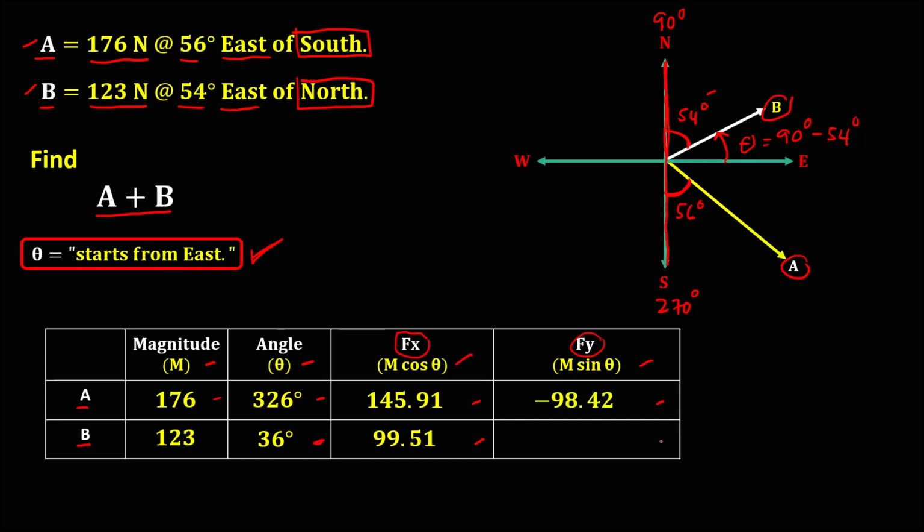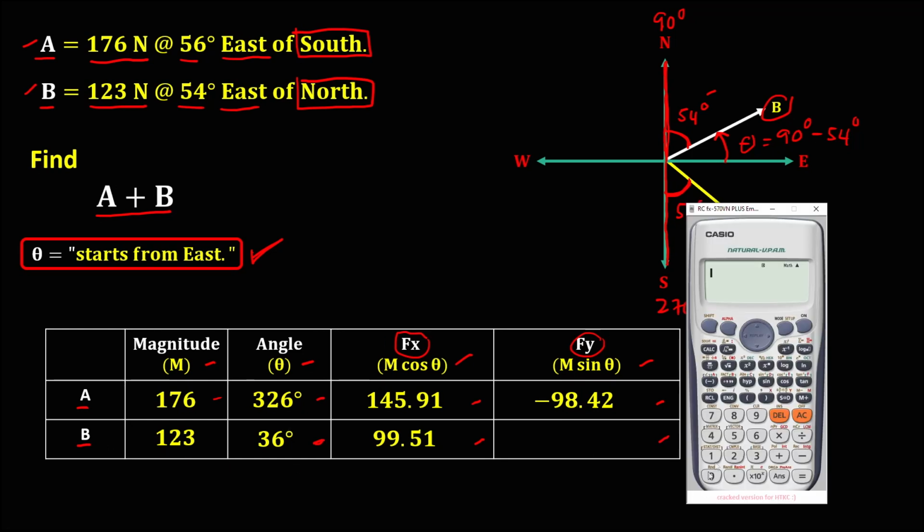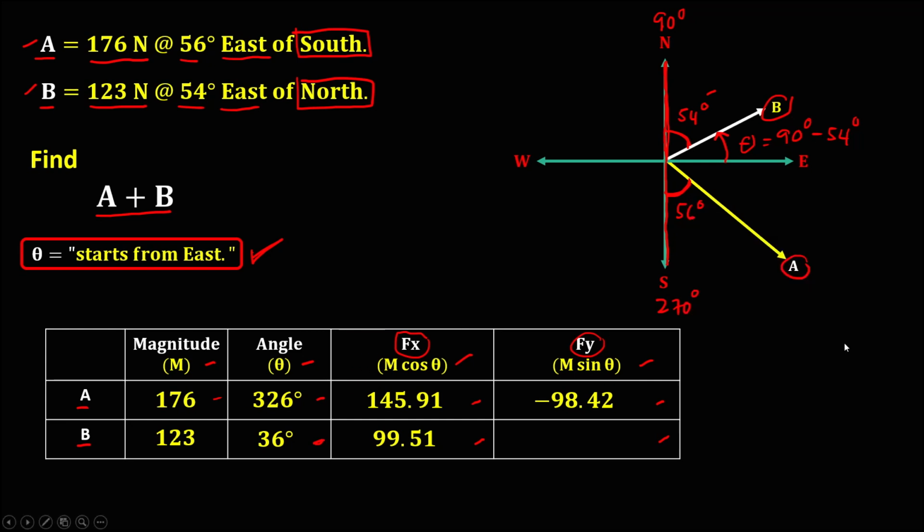Then for the y component for vector B, this is 123 times sine theta, that's 36 degrees. So the y component for vector B is 72.30. Then this time we need to find the sum of the x component.